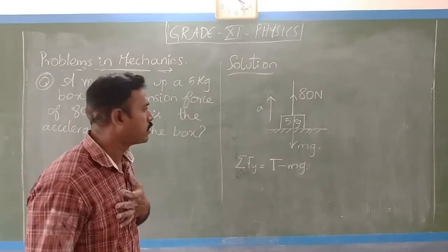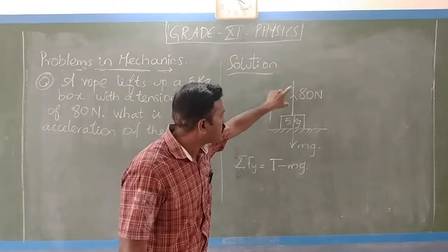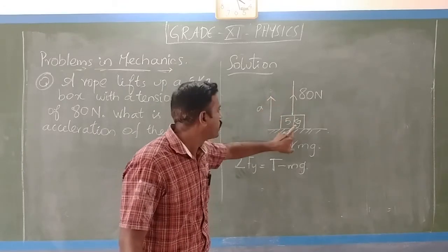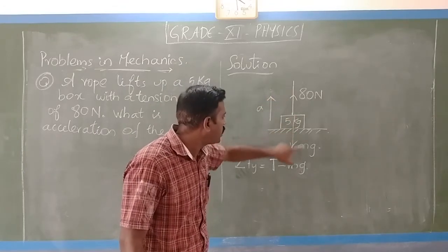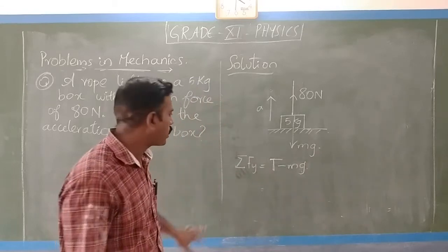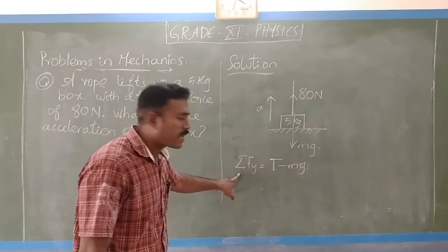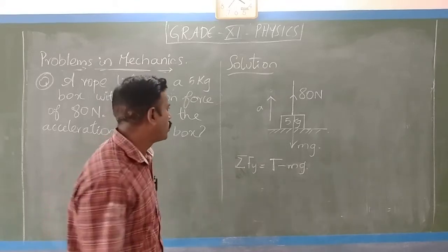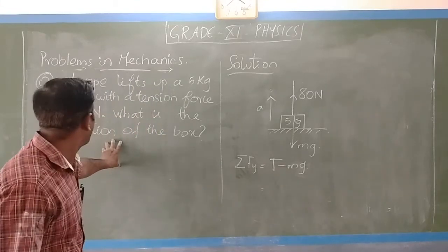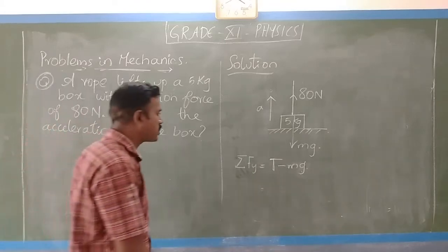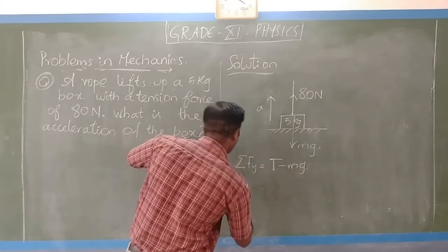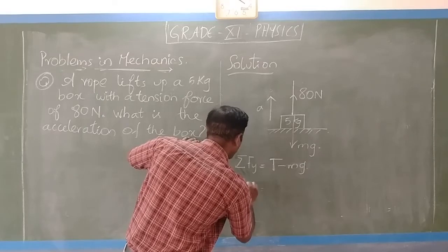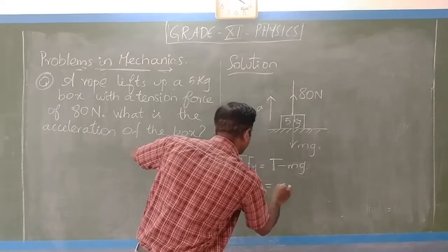Now initially, for 5 kg with 80 Newton given, what is there? 5 kg, 80 and mg. Okay, I am accelerating this mass with some vertical force. So what is the acceleration? Acceleration means here this 5 kg into a.